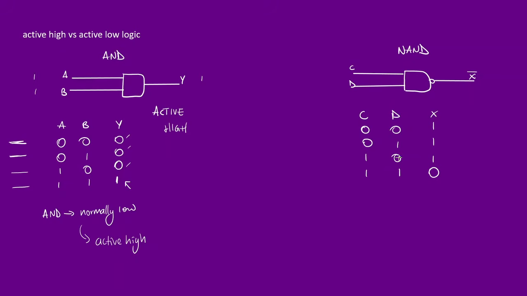You can see that almost the exact opposite is the case when dealing with the NAND gate. Out of the 4 cases, in 3 of them my output is high. So this is a high value, this is a high value, this is a high value. And in the case where both of my inputs are high, for the case CD, I'm going to have my output drawn low. So this is why you say the NAND gate is active low.